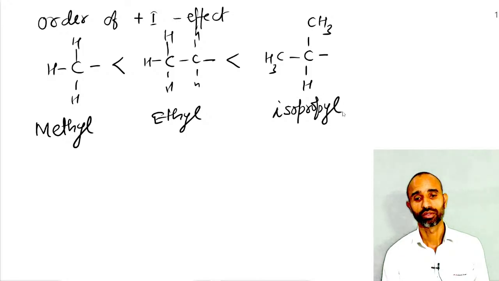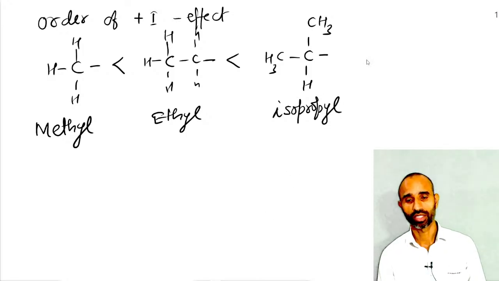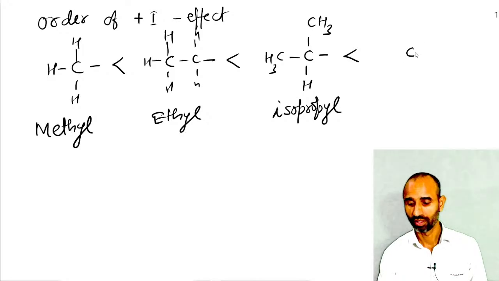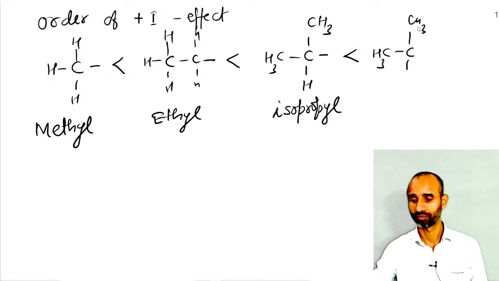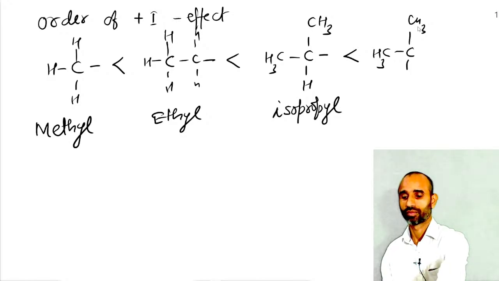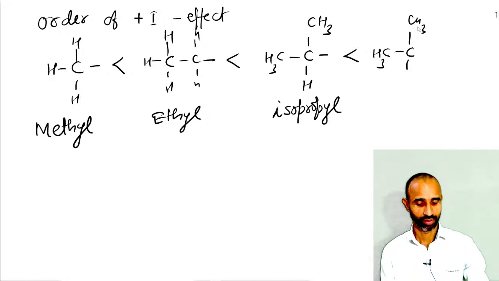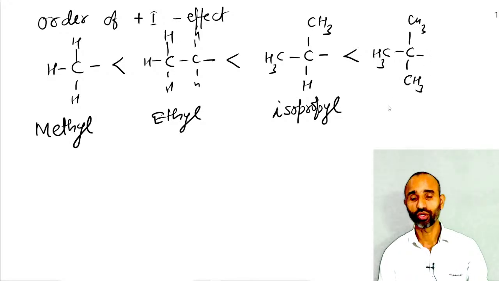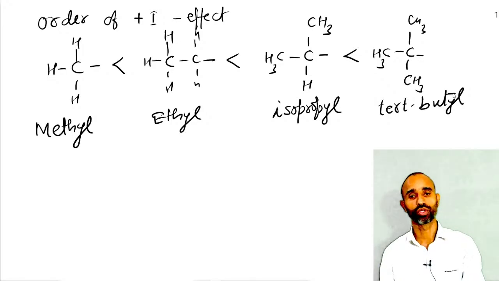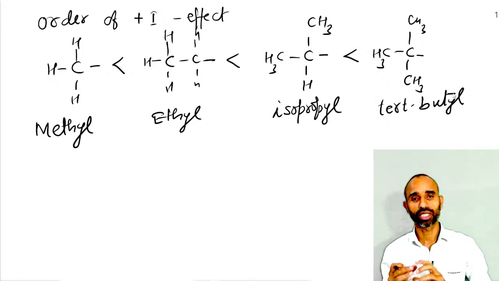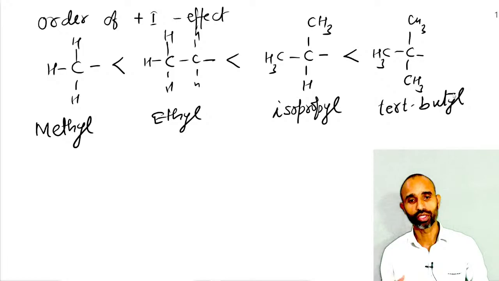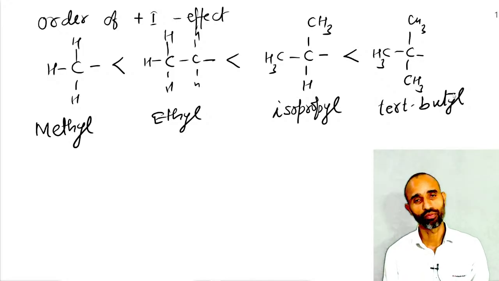So it has more plus I effect than ethyl even. And if we have the group tertiary butyl, it has more than this, meaning the more the number of methyl groups, the more is the plus I effect.